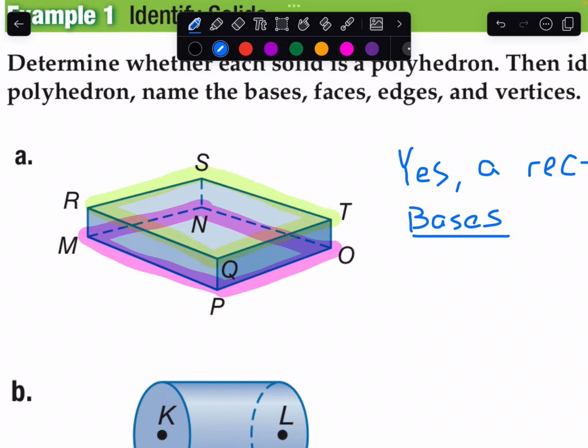So let's call those rectangle MNOP and rectangle RSTQ.